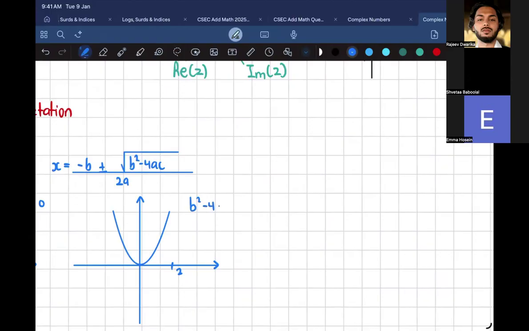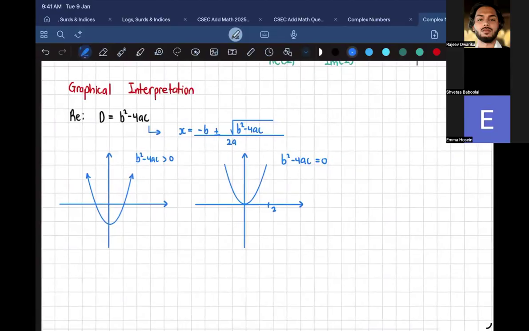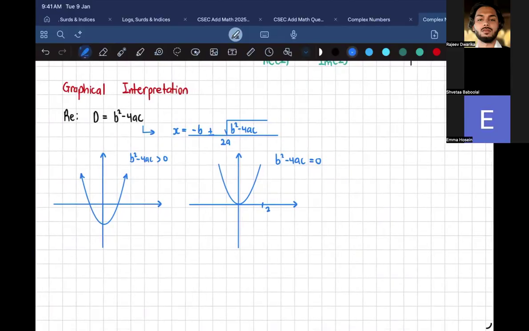So this is when the discriminant is actually equal to 0. Over here, it's going to be real. Isn't it supposed to be on the 2? Oh no, that was just for the example. That's just a general example. Real and equal. Real and distinct, right?